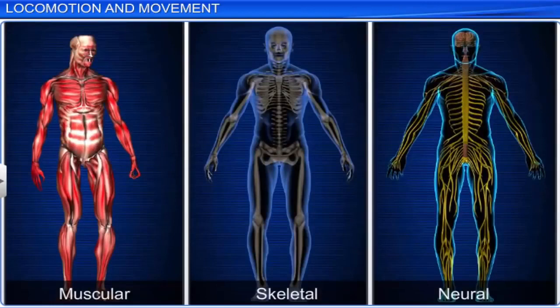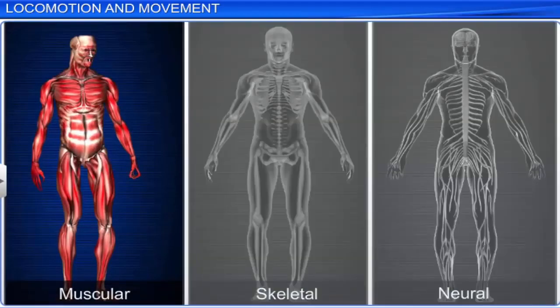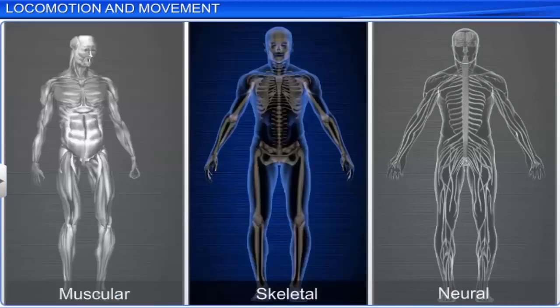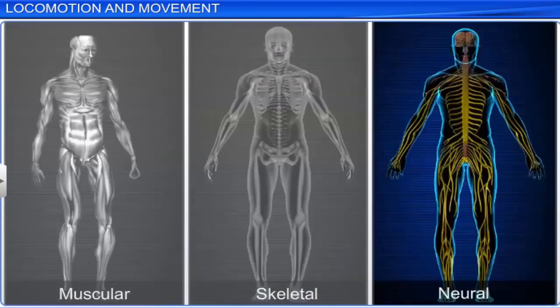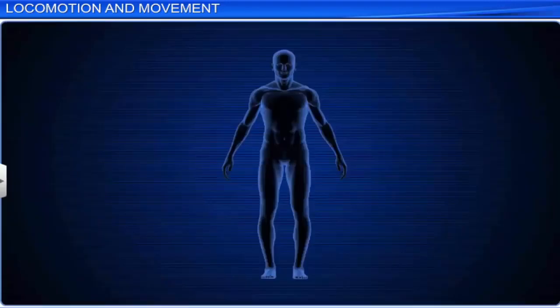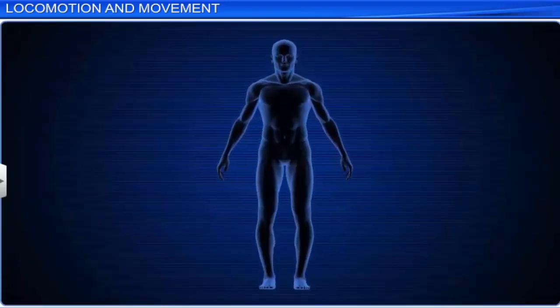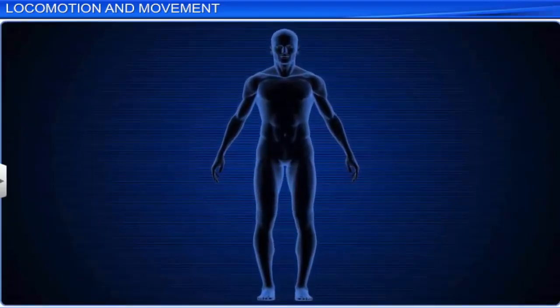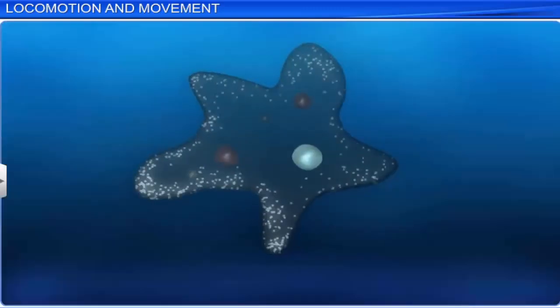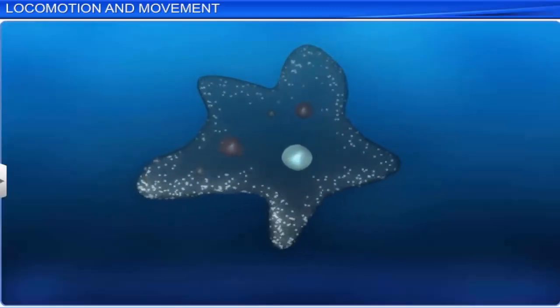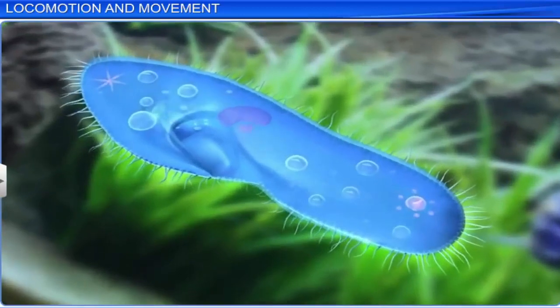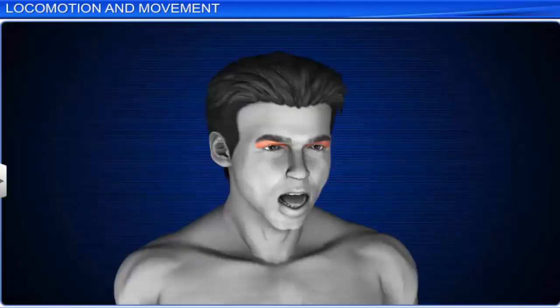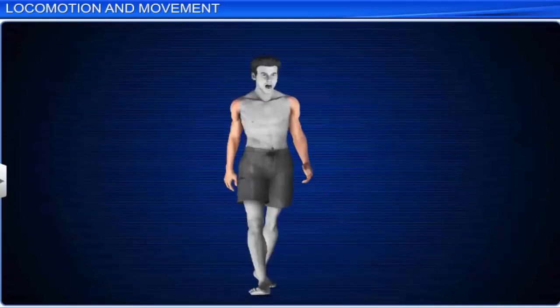Moreover, locomotion is brought about by the coordination of the muscular, skeletal, and neural systems. Thus, living organisms move from one place to another as well as exhibit different types of movement such as amoeboid, ciliary, and muscular movement of the eyelids, tongue, jaws, hands, and legs.